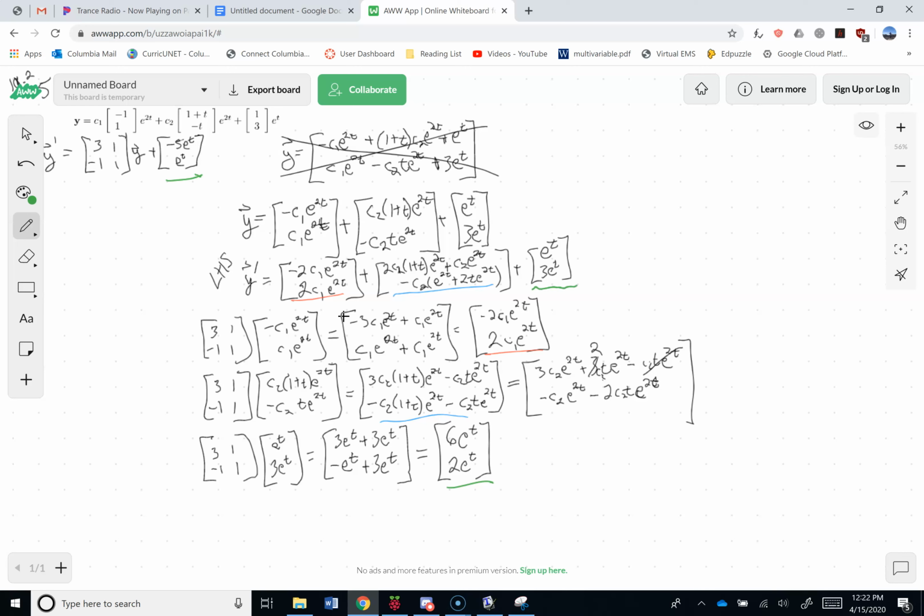So 6 e to the t minus 5 e to the t gives me e to the t. So this guy and this guy make that guy. And then 2 and 1 makes 3. So the bottom one checks out too. So red matches red, blue matches blue, and the 2 green pieces make the third green piece. Cool.